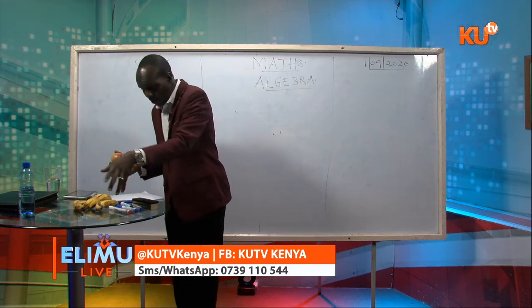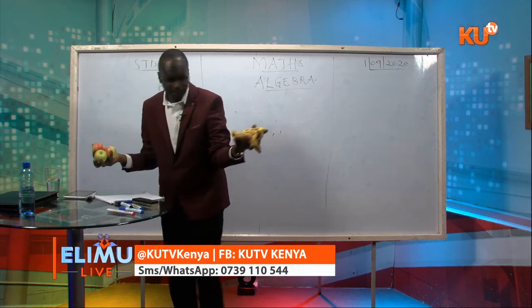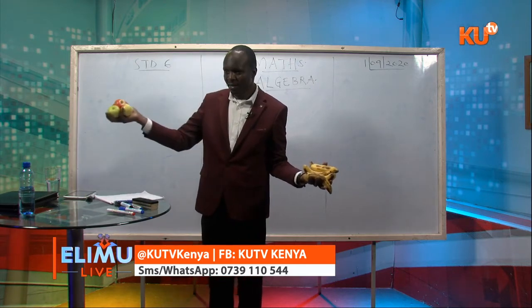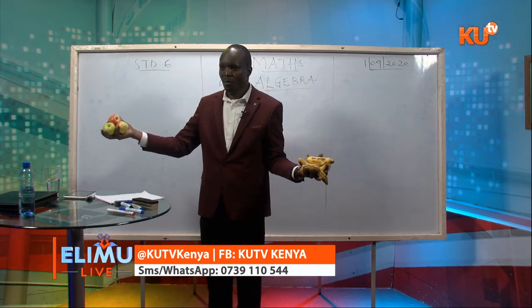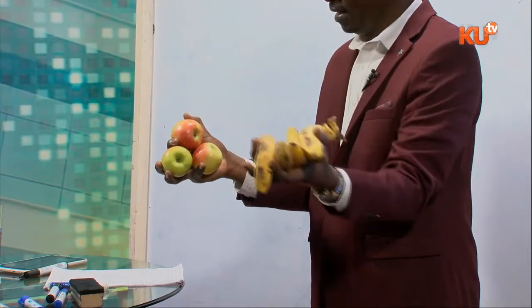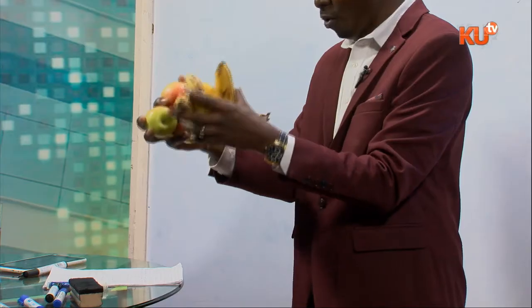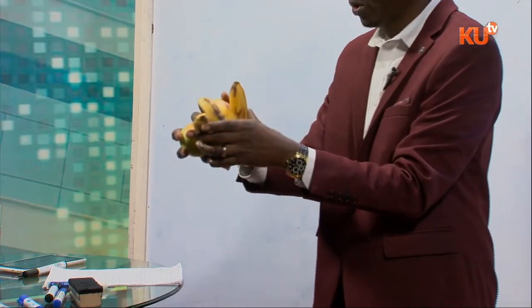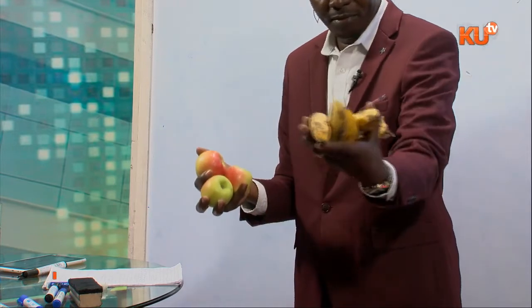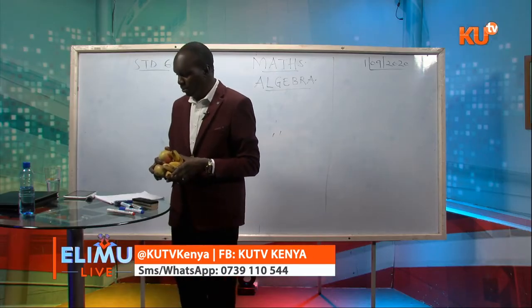The same way, when these are 4 bananas and these are 3 apples, when I put them together, I'll have 4 bananas and 3 apples. In total, I won't be able to add them together because they are different. So that's why I'll be having 4 bananas and 3 apples. That is what algebraic expression is all about.